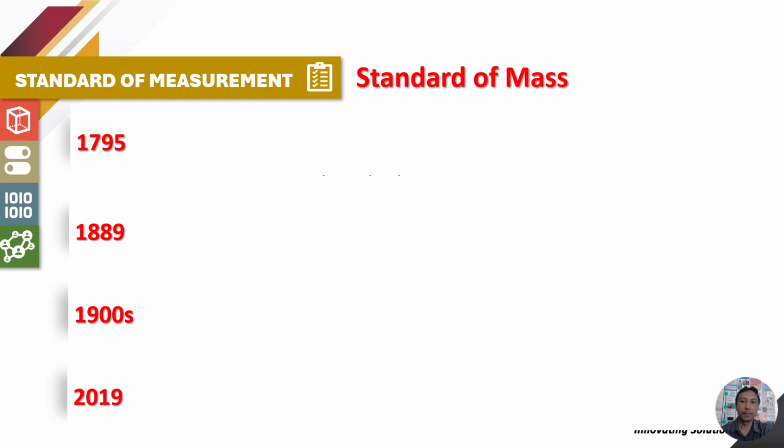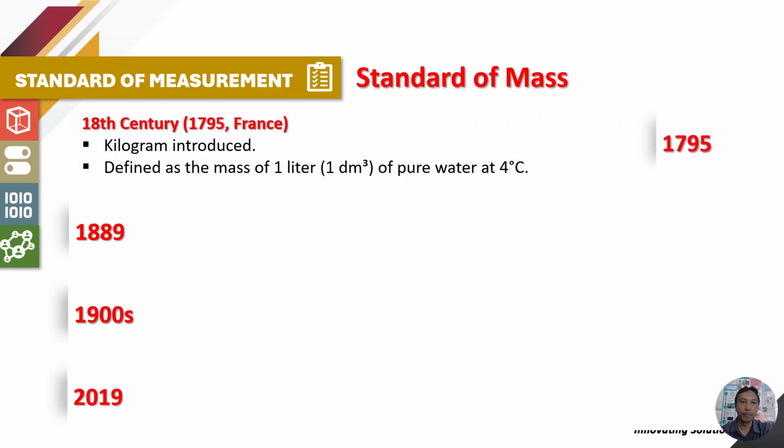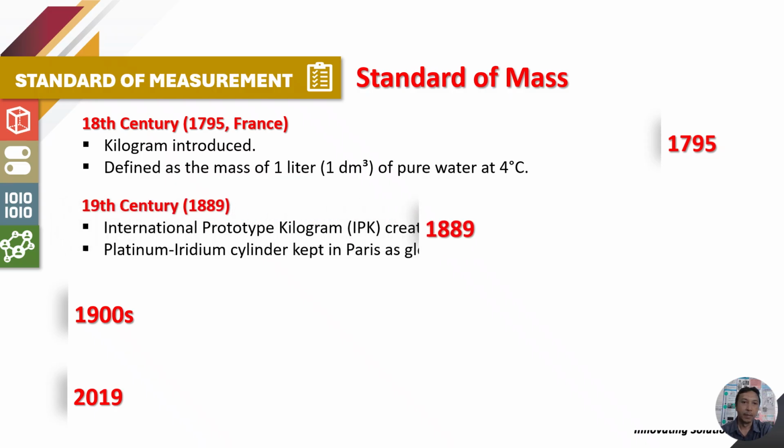Standard of mass. The definition of a kilogram has also changed over time to improve accuracy. In the 18th century, France introduced the kilogram, defined as the mass of 1 liter of pure water at 4 degrees Celsius. In the 19th century, an international prototype kilogram, a platinum-iridium cylinder, was made and kept in Paris as a world standard.